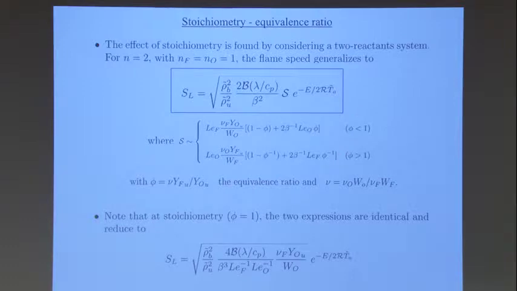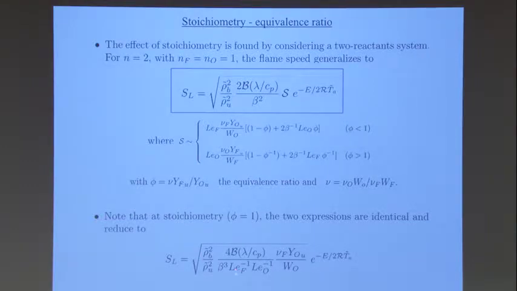When phi equals 1, the two collapse to the same expression. And when phi is sufficiently less than 1 or sufficiently larger than 1, S goes to 1, and the expression collapses to the one that I previously derived. So everything here is consistent. In particular, when phi equals 1, this is the expression you get.